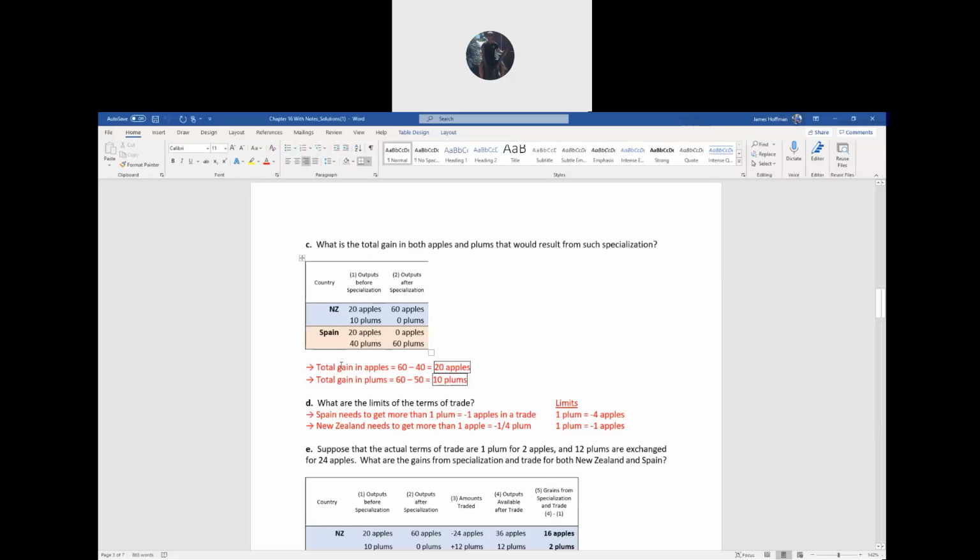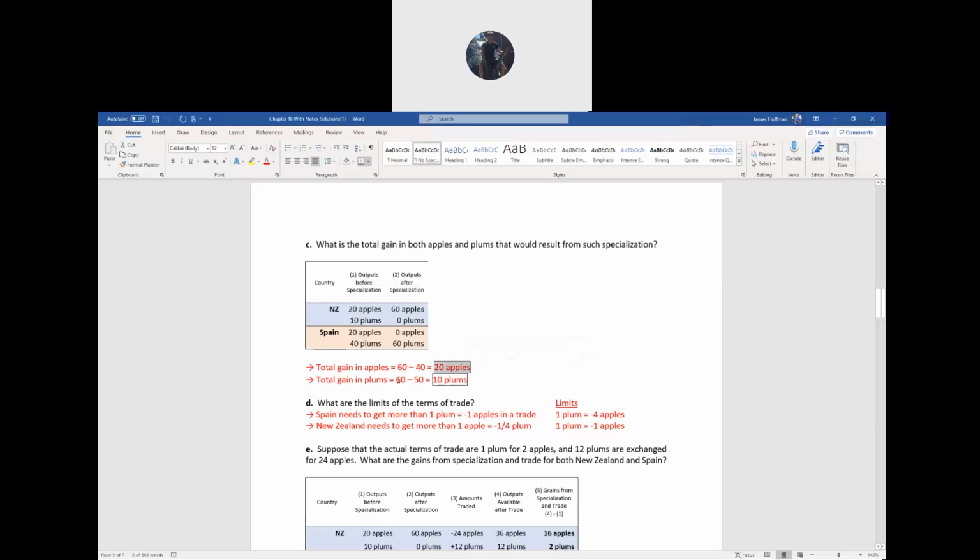So the total gain in apples, all right, is with specialization we have 60 because all the apples are being produced by New Zealand. Before we had between the two countries 20 plus 20, which is 40. Okay, 20 here and 20 here. So just by specializing, we gain 20 apples, or the two economies did.